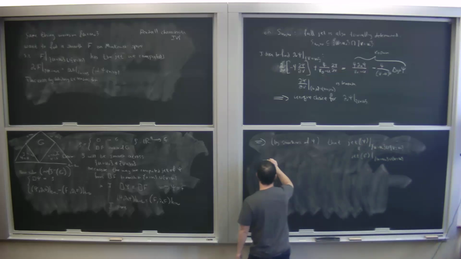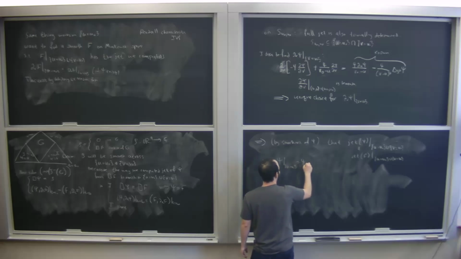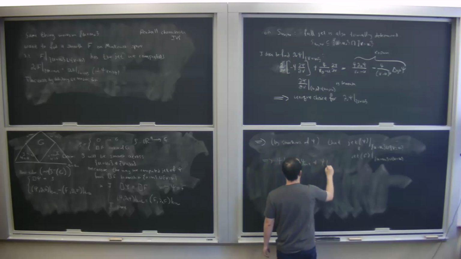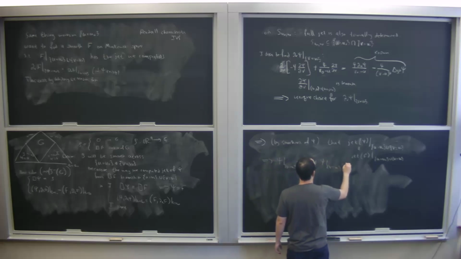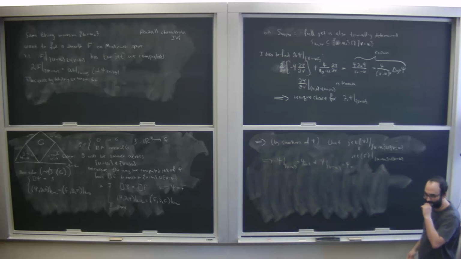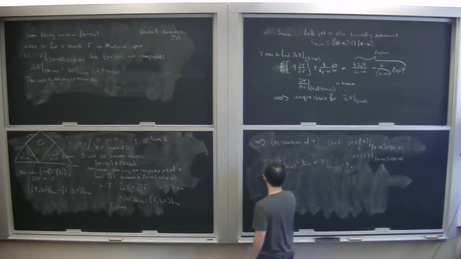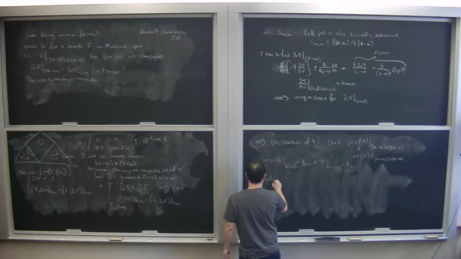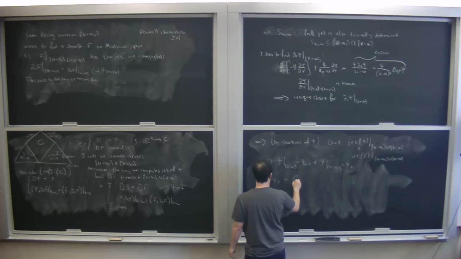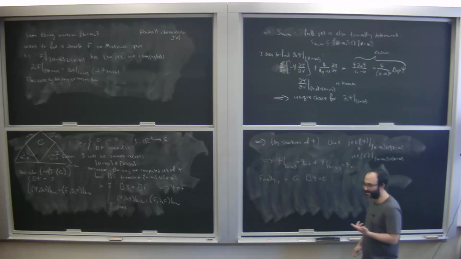In particular, as a much smaller consequence, psi restricted to u equals u naught equals psi out, and psi restricted to v equals v naught equals psi in, because that's how we got F. And finally, in G, box psi equals 0. So that's exactly what we wanted.